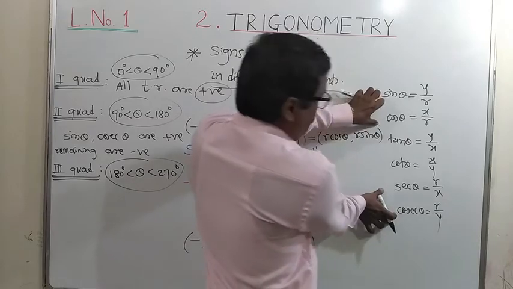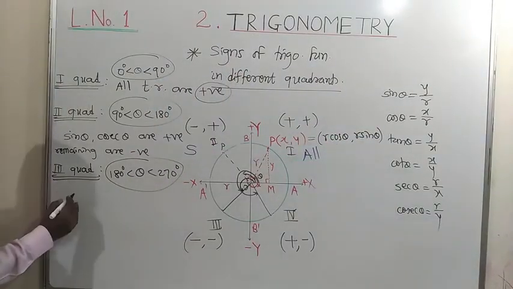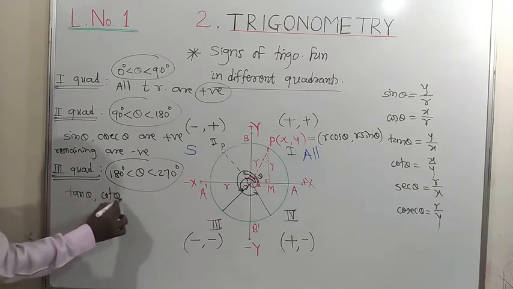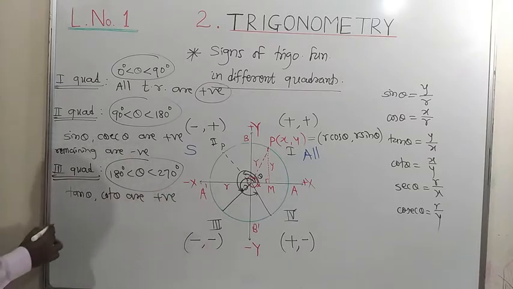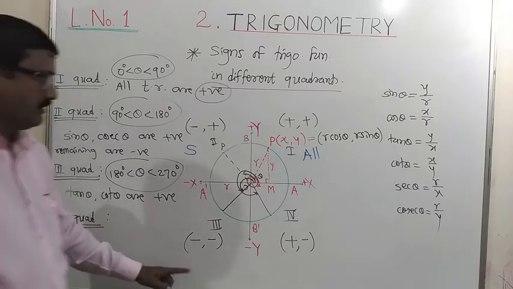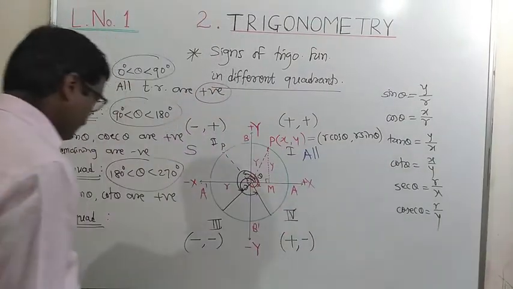So these four are negative ratios and these two are positive. In the third quadrant, tan theta and cot theta are positive and the remaining four are negative. Is it clear?